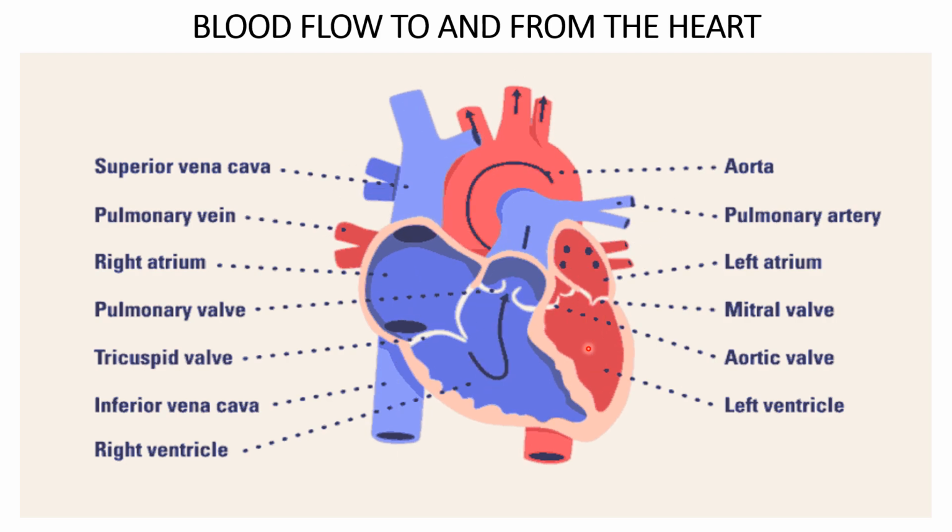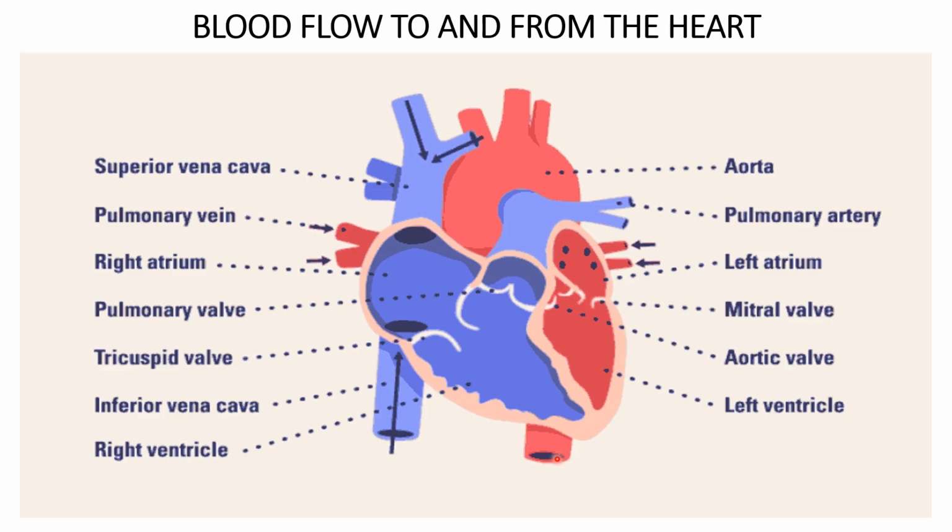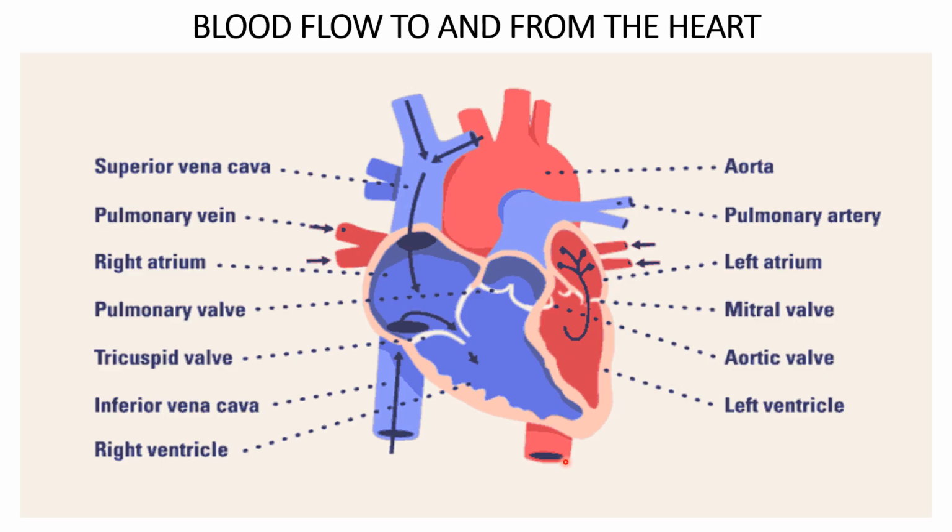So from left ventricle, oxygen rich blood or oxygenated blood is pushed through aorta and moves out to all the parts of the body. These branches carry oxygen rich blood to upper parts of the body. These are some of the branches which carry blood to lower parts of the body.